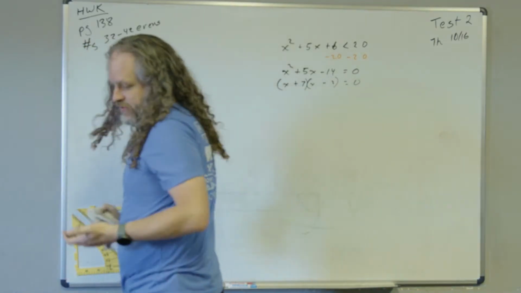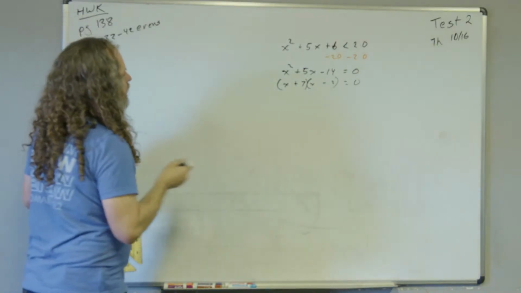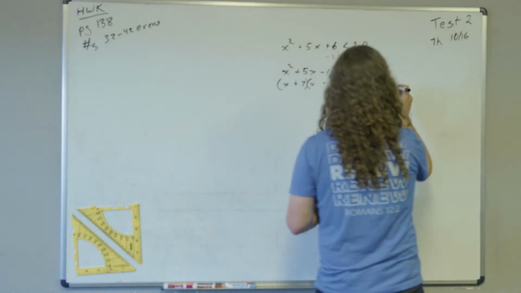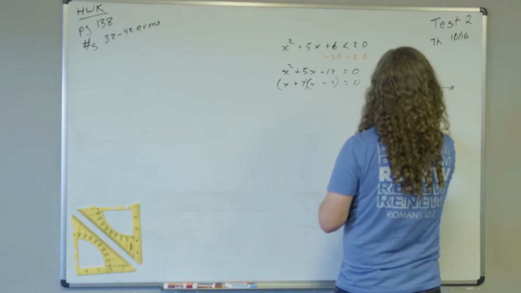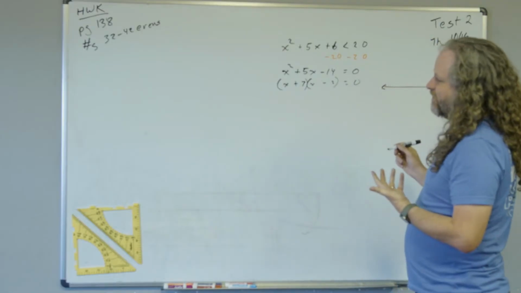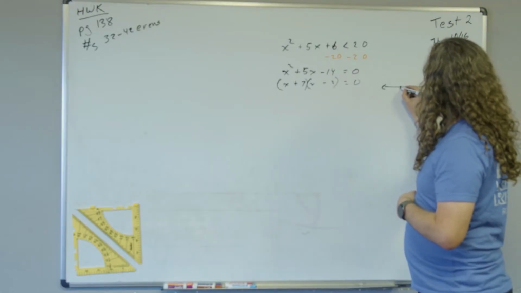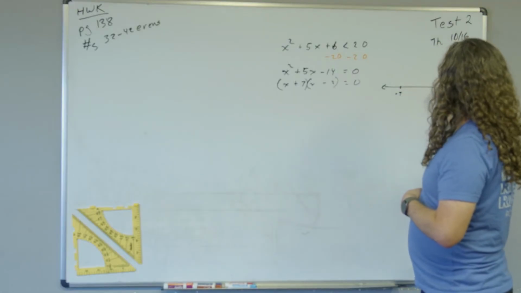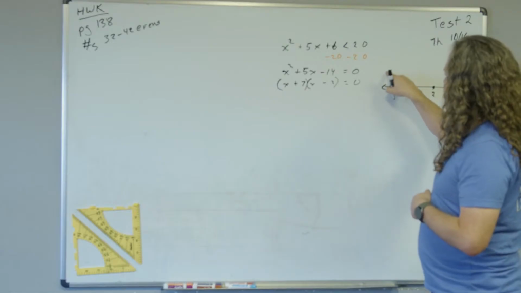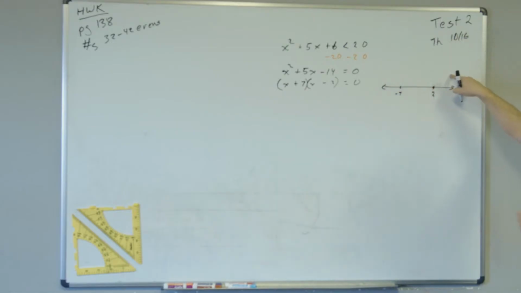What you have to do in order to figure out where it works is kind of flatten it down to 2 dimensions. We have 2 critical points: a critical point at -7, and a critical point at 2. We need to do a test in each one of these chunks to see whether it works.